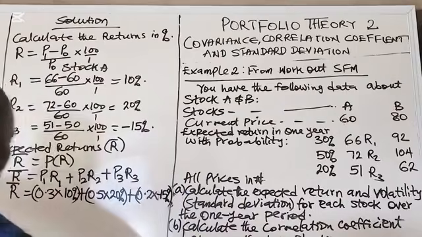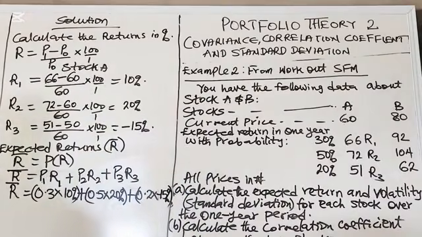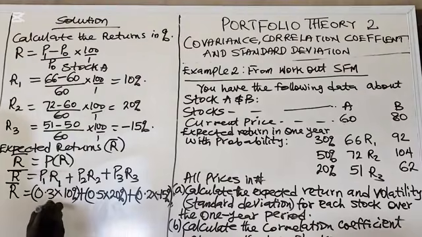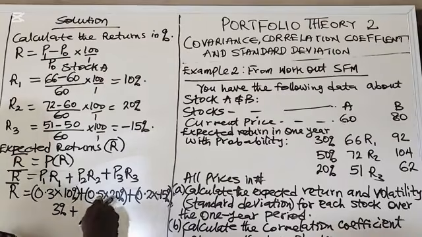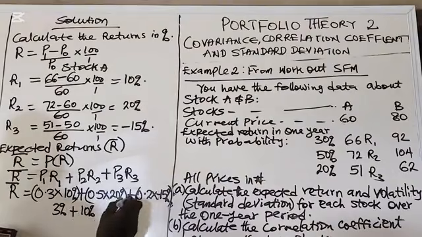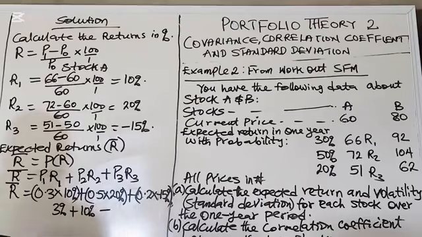So 0.3 times 10 gives us 3%, plus 0.5 times 20 gives us 10%, plus 0.2 times minus 15 gives us minus 3%.